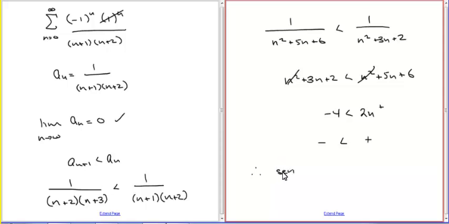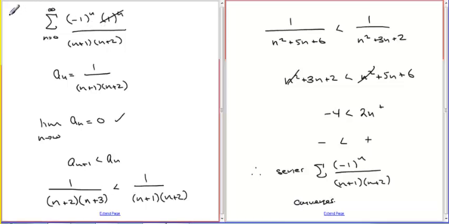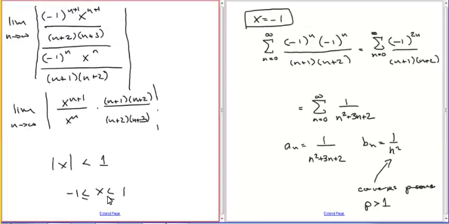So the series -1 to the n over n plus 1, n plus 2 converges. So that means when x equals 1, which is the other side, that converges, so we also include that. So the interval of convergence is from positive 1 to -1.